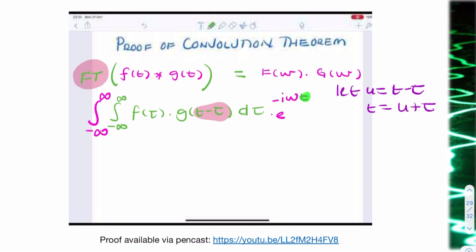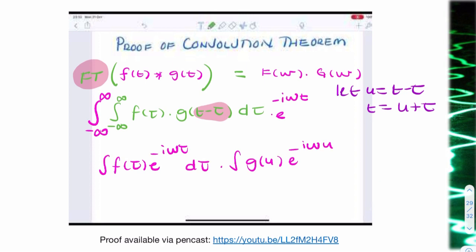I can replace this t here with u plus tau, and that allows me to say this is a multiplication. I'll leave out the limits and say this is the integral of f of tau e to the minus i omega tau d tau times the integral of g of u e to the minus i omega u du.